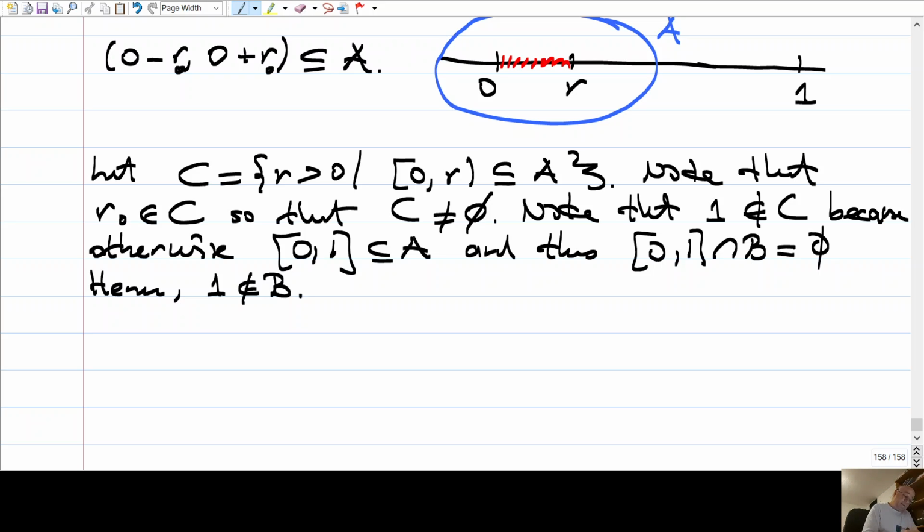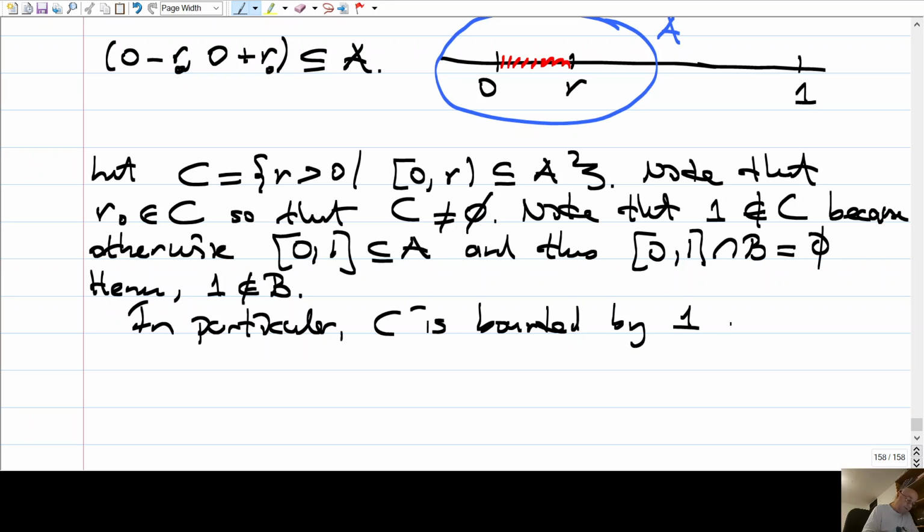Okay. So what is this C? C is the subset of real numbers so that when you start from 0 and go along the axis, the interval [0, R] lies inside A, and we know that you cannot go up to 1, because 1 cannot belong to this subset C. So in particular, C is bounded by 1 from above.